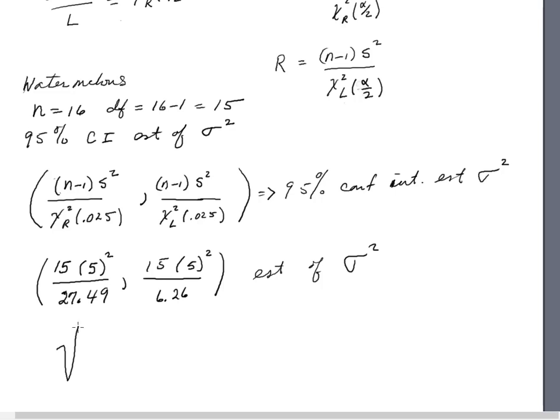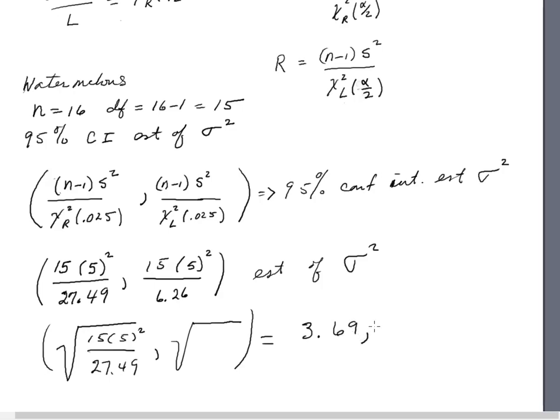So for standard deviation, I would say the square root of 15 times 5 squared over 27.49, and then comma, and I think I'll let you write that last number down, and this is equal to, I did this just a second ago, 3.69, comma, 7.74 pounds, and this is a 95% confidence interval estimate of sigma, not sigma squared, but just sigma.